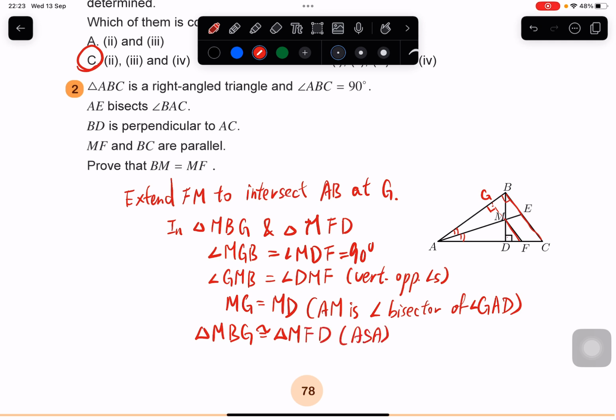So we have MB equals MF, or you can say BM equals MF, because they are the corresponding sides of congruent triangles. Okay, so that's how we can solve the last problem.